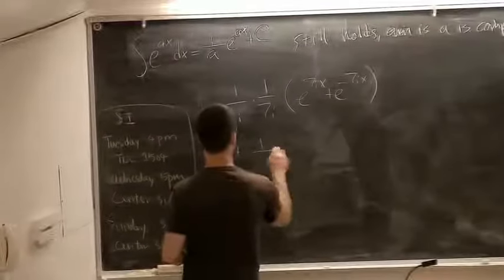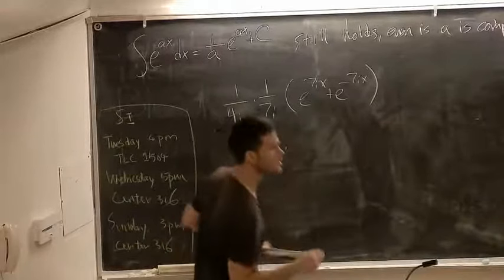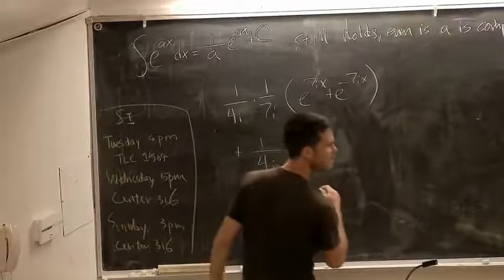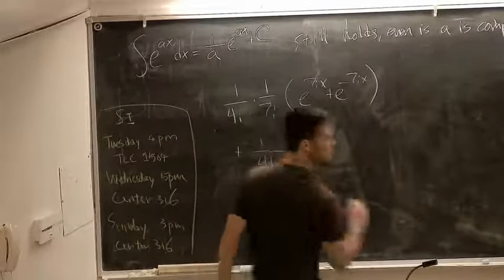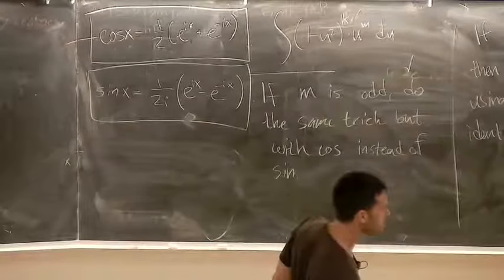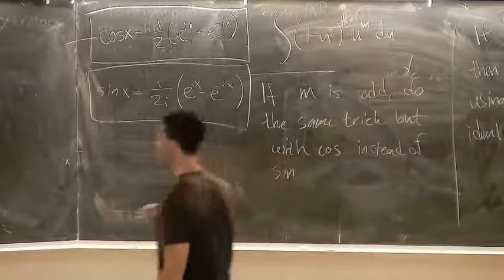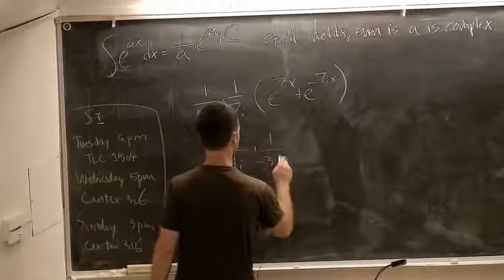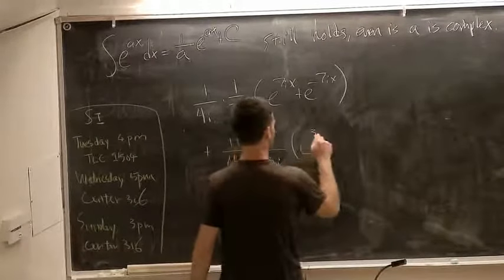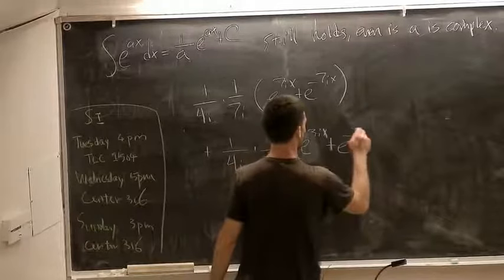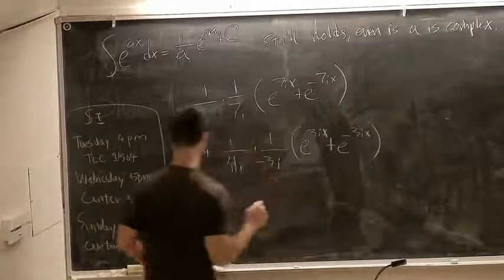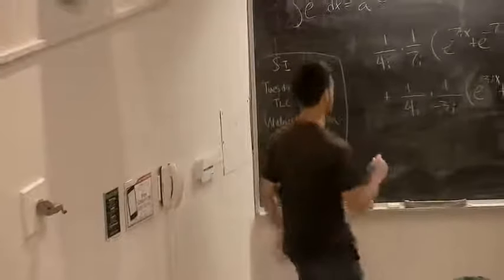And then I'll also have a 3i, okay, negative 3i, and then e to the 3ix plus e to the negative 3ix. Cool. So you see how I deliberately wrote it in that way?